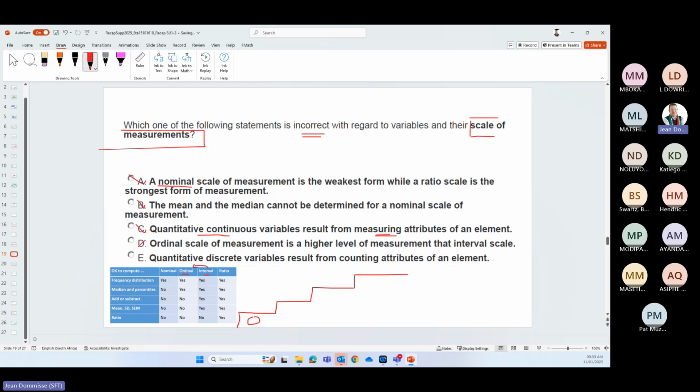So that one is incorrect. When quantitative discrete variables result from counting, that is also correct. So for 3 of them, we used this table, and we could get the information that we needed.